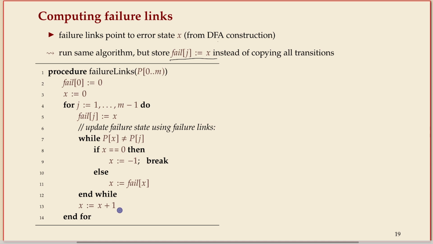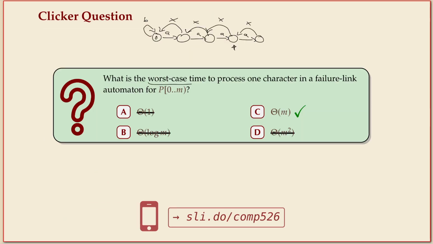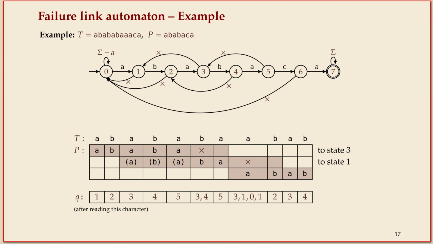So here's the code for that spelled out. We start initially with setting the failure link to 0. Failure state is also 0. We don't have to do the match edge, so we skip that part. We just set the next entry to X, and then we update X, which means we now have to use the failure link automaton to update X to the next step.